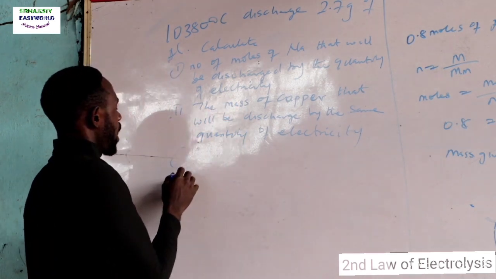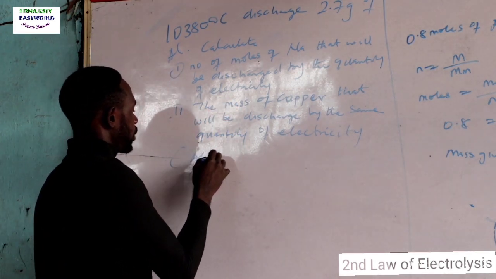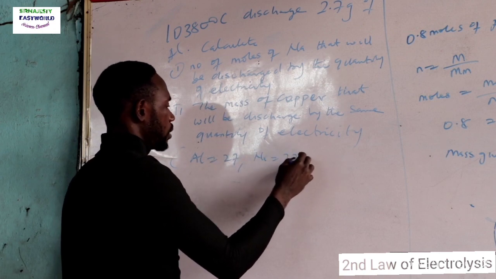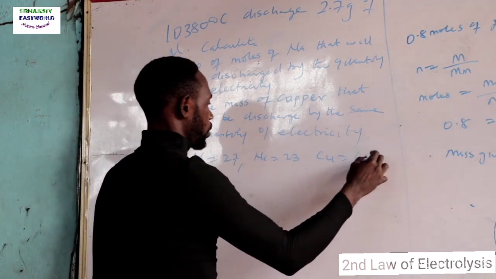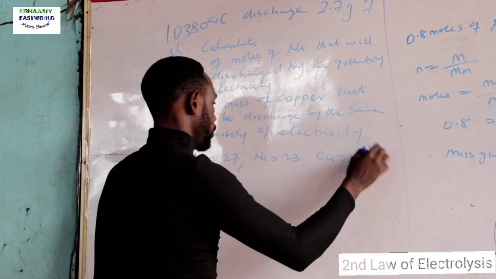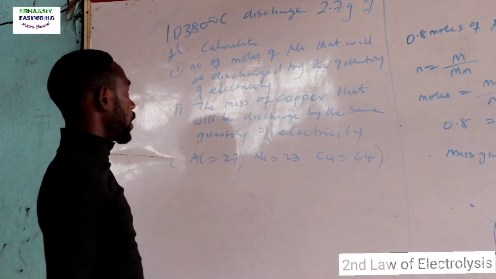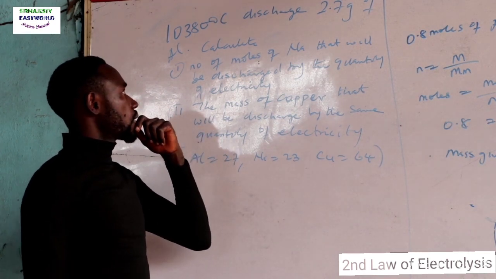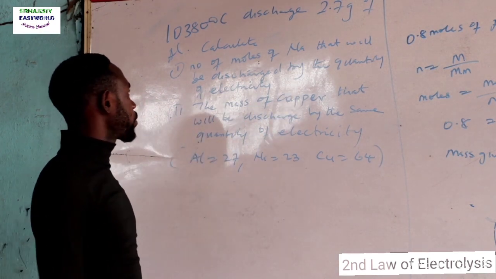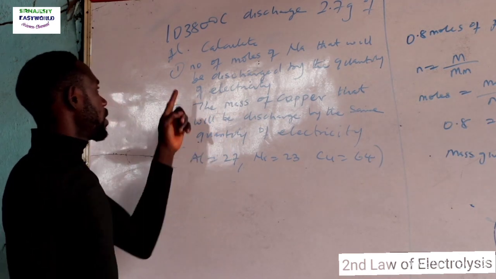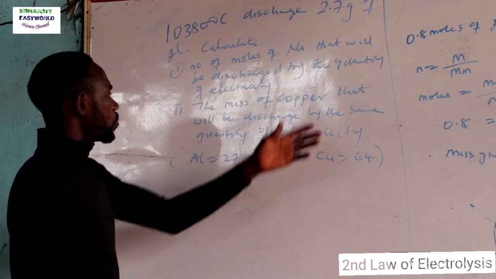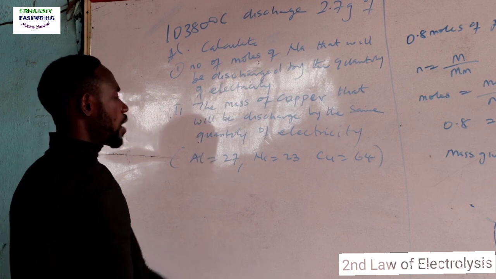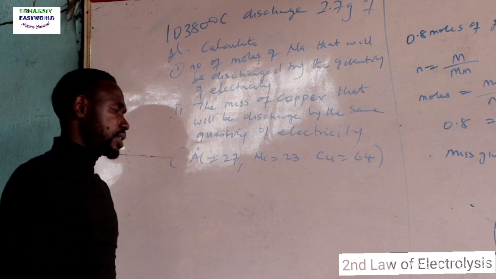So in brackets we have aluminium is 27, sodium is 23, copper is 64 or 63.5. Whichever one they give you, you use. I take the question again. 103,800 coulombs of electricity discharged 2.7 grams of aluminium. Calculate (I) the number of moles of sodium that will be discharged by the same quantity of electricity, (II) the mass of copper that will be discharged by the same quantity of electricity.